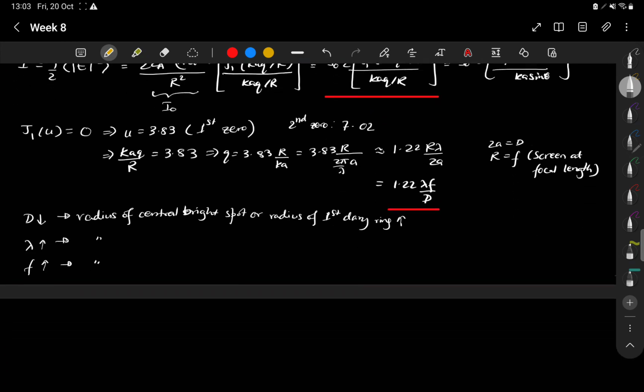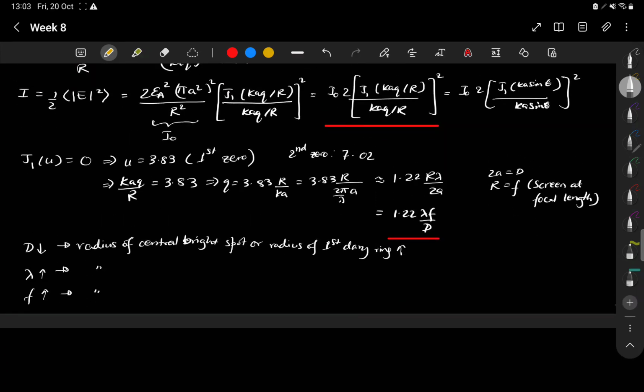Oh, someone is asking why R equals F. This is because the Fraunhofer diffraction regime is when we consider that the screen is at infinity. So the distance between the aperture and the screen should be infinite, and we can simulate that condition by keeping the screen at the focal length of a lens.